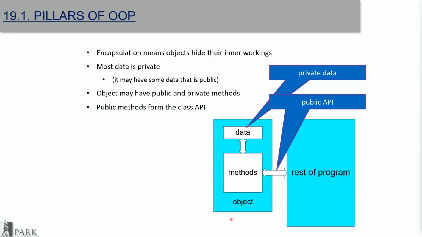Private methods are methods that belong to the object that we can only call directly inside of the object itself. And so these are usually just helper functions, some housekeeping things, some short scripts that we maybe don't necessarily want to make available to the rest of the program because the rest of the program has no use for it. It is only useful in the context of this object itself.